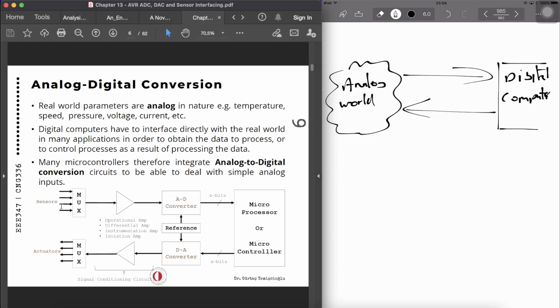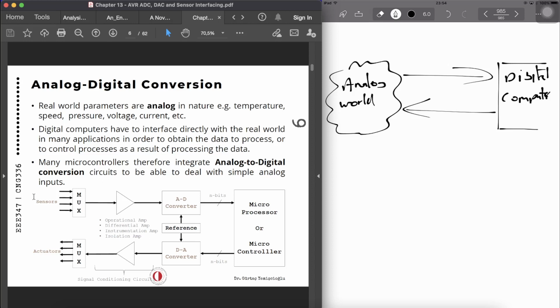Now, sensors, which we are going to talk about in a minute, are actually reading the values from nature. So they are taking the analog values, converting them to some electrical values. It can be a wind, it can be a pressure or temperature, whatever they are.